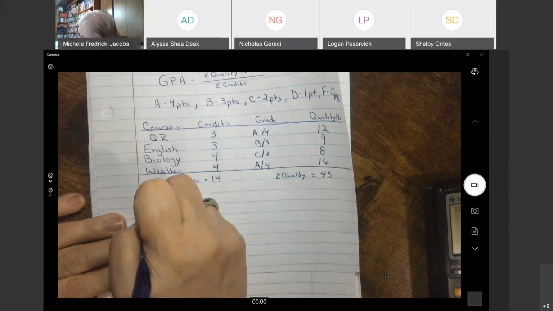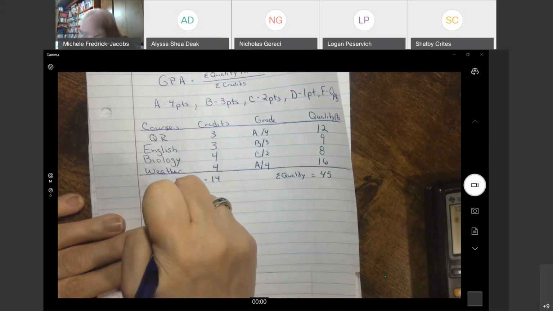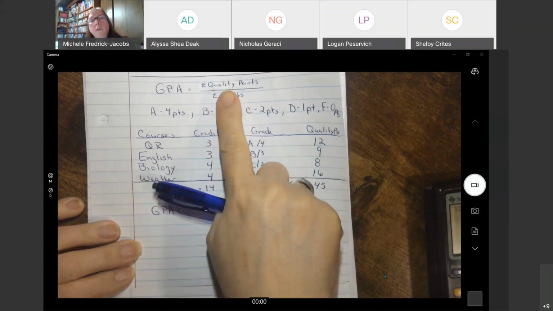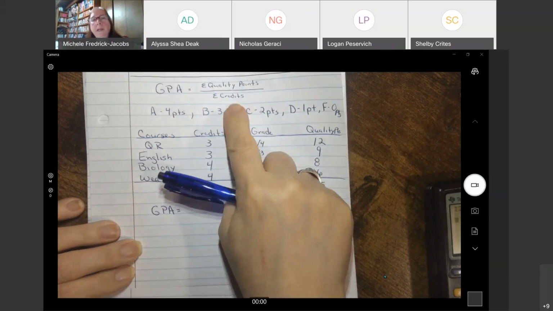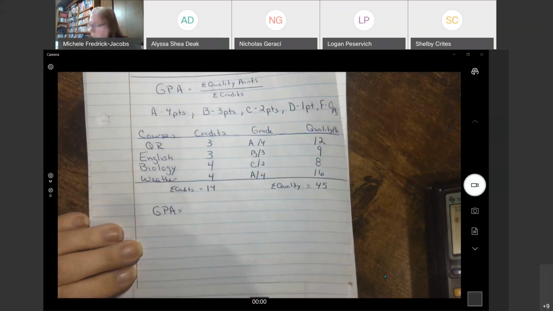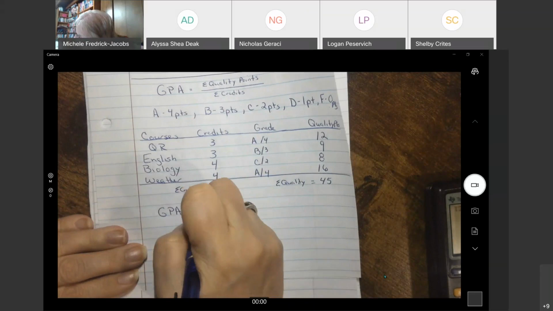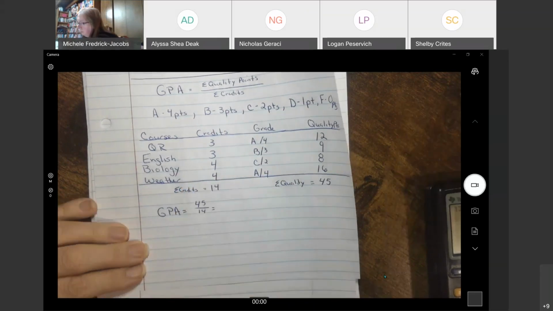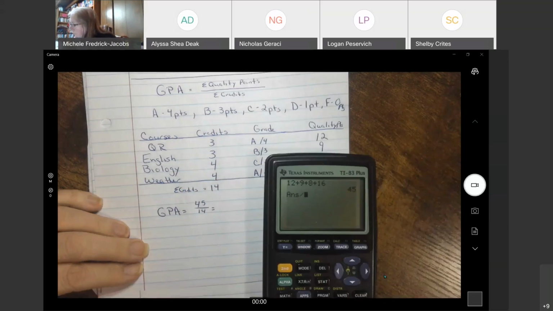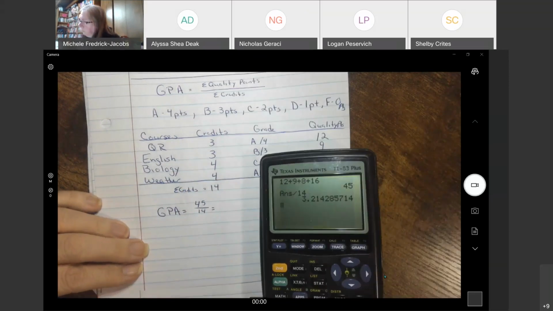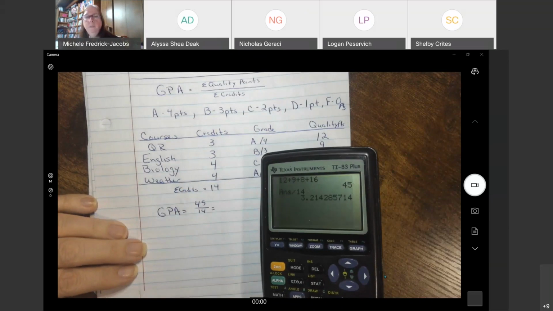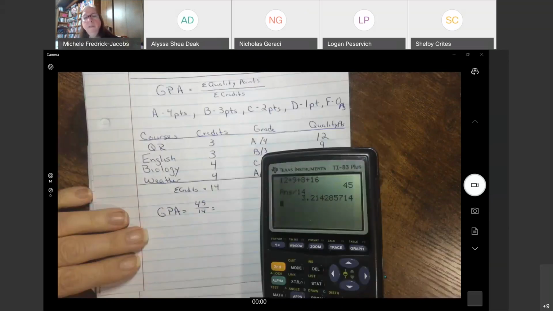To find your GPA then, the total quality points divided by the credits. So 45 divided by 14. Usually grade point averages go 2 decimal places.